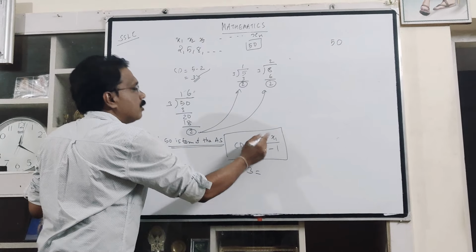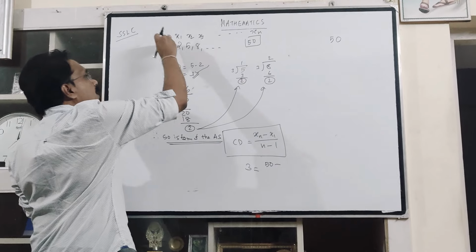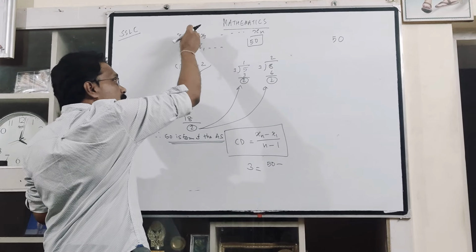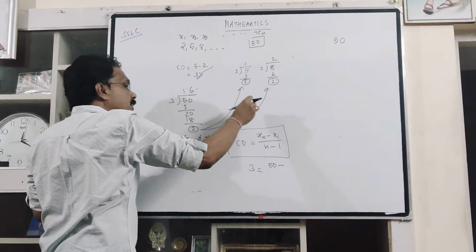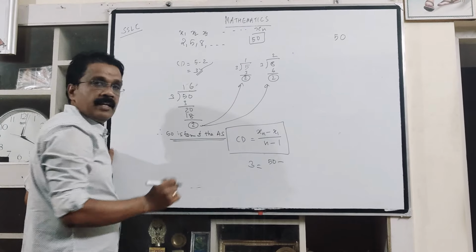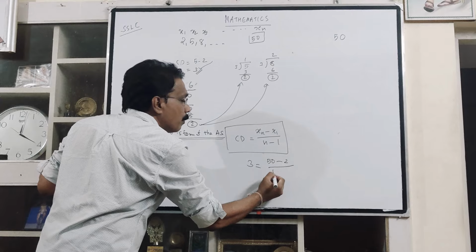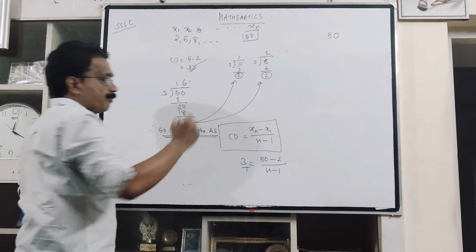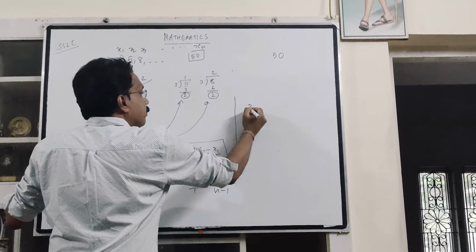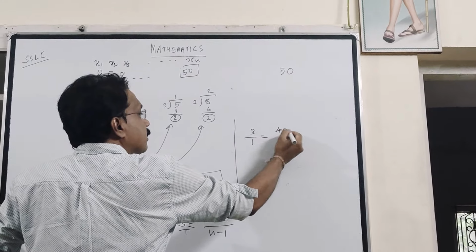So 3 equals the last term 50 minus the first term, divided by n minus 1. If you want, in the place of x1 we can write x2 or x3, like that. So x1 is 2. So 3 over 1 equals 48 divided by n minus 1, since 50 minus 2 is 48.